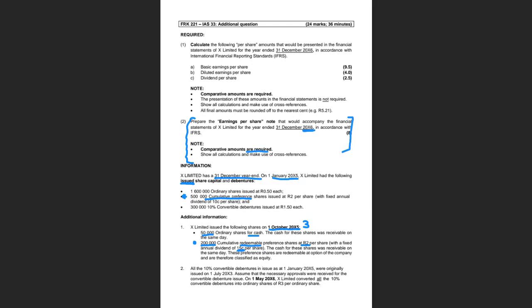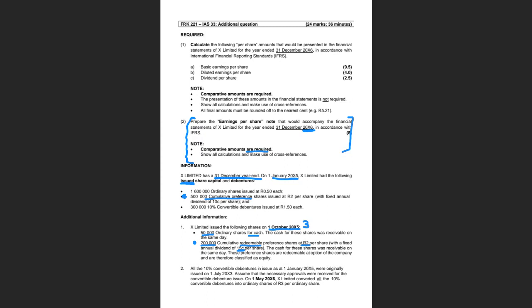So what we need to remember now, guys, is that in 2015, in the prior year, we're going to need to weight the dividends. When we're calculating earnings, we need to weight these dividends in the prior year because we only issued these shares at least halfway through the year, and because this is a fixed annual dividend, it's prorated, or the word is apportioned, for parts of the year.